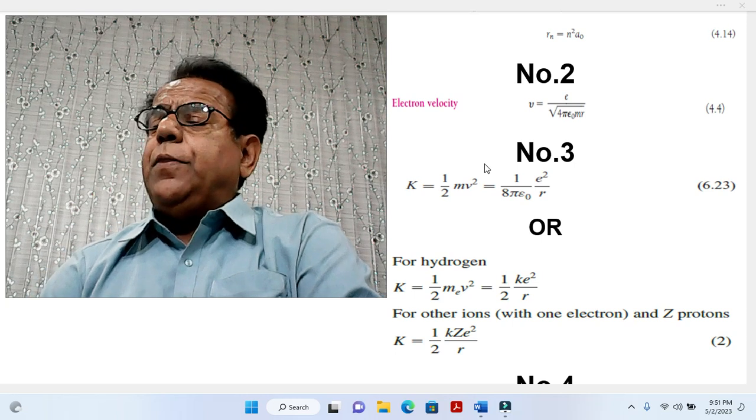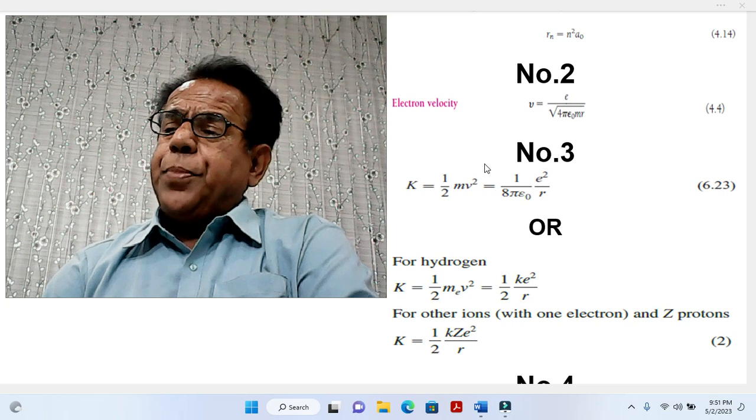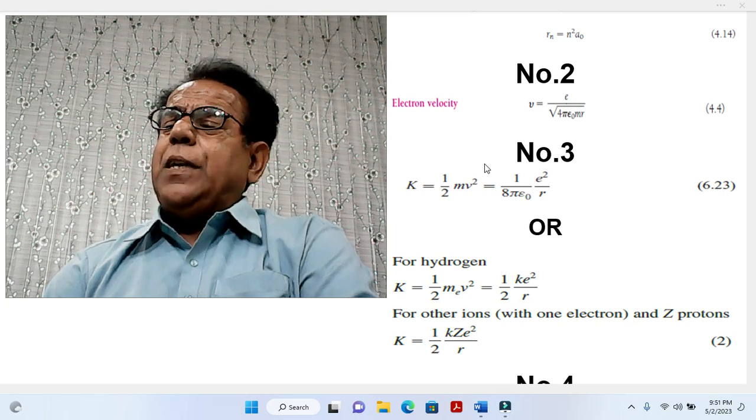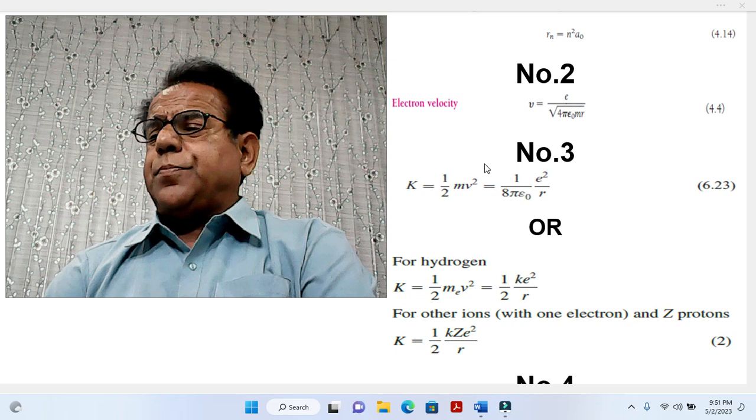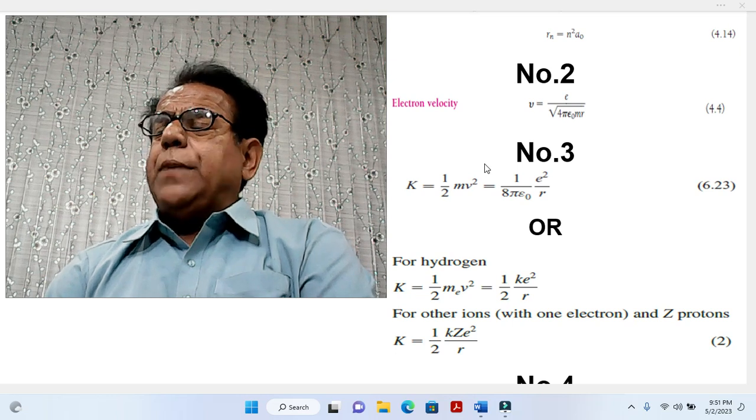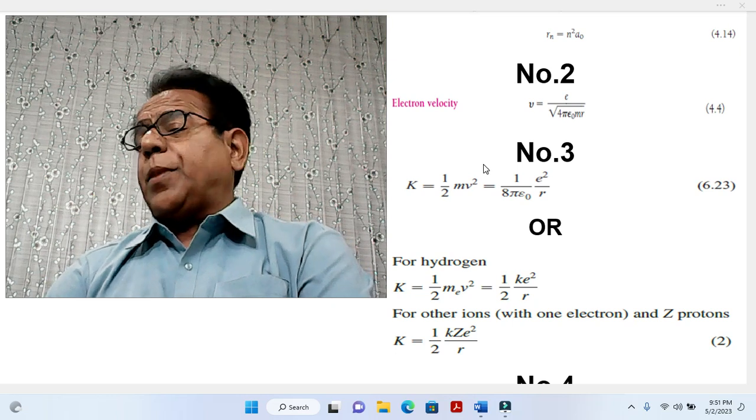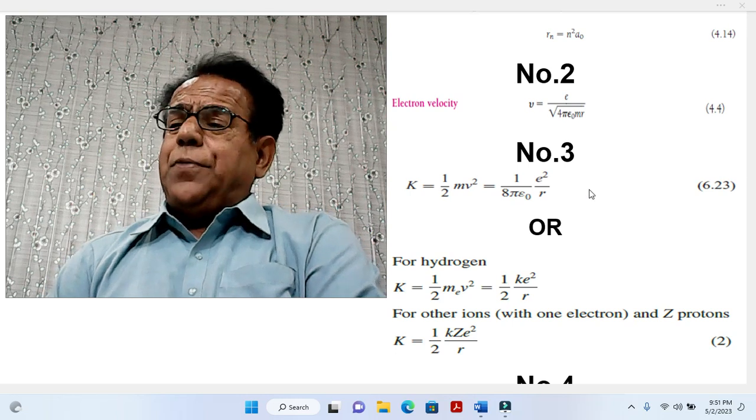So we will use that value and then we will enter other two remaining values. I think it is enough about tool number 2.